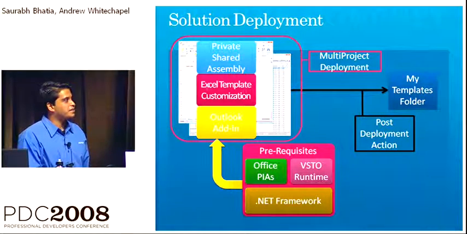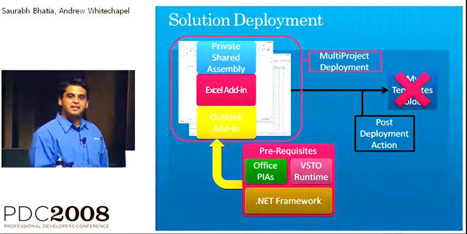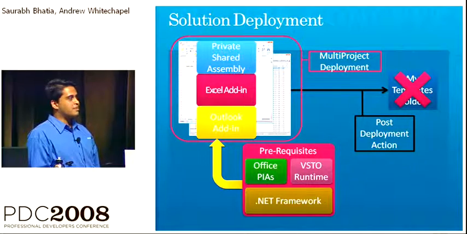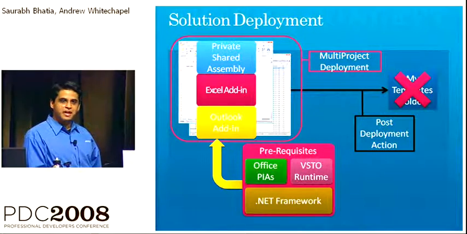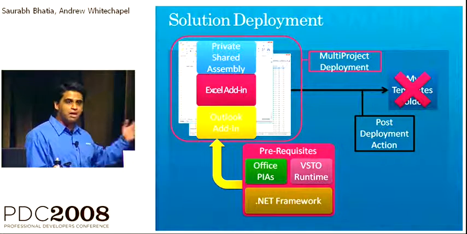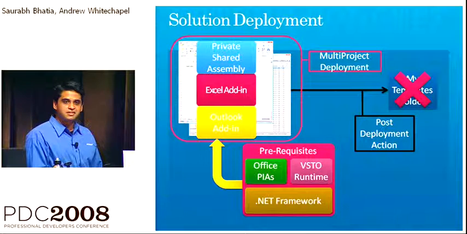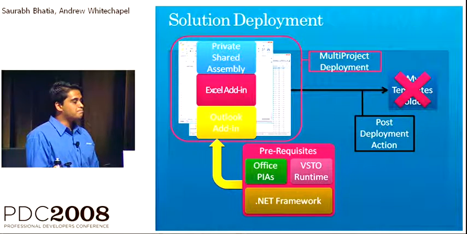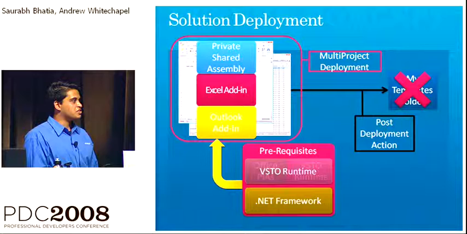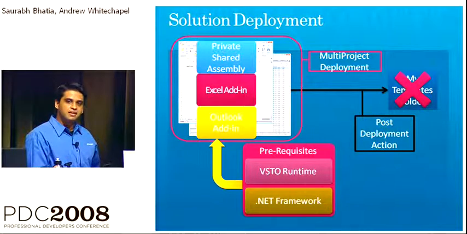In the update, we replaced the Excel template with an Excel add-in and got rid of the template that was stored in the user's My Templates folder. That, again, was through a combination of multi-project and post-deployment actions. And finally, we saw the no PIA feature, which gets rid of a number of the prerequisites required to run all of this, and now it's just down to two: the .NET Framework and the VSTO runtime.